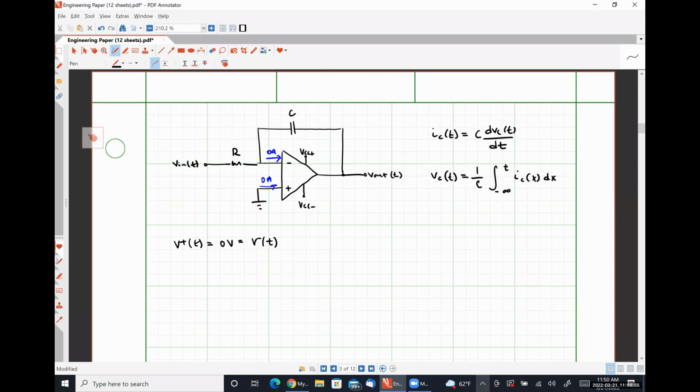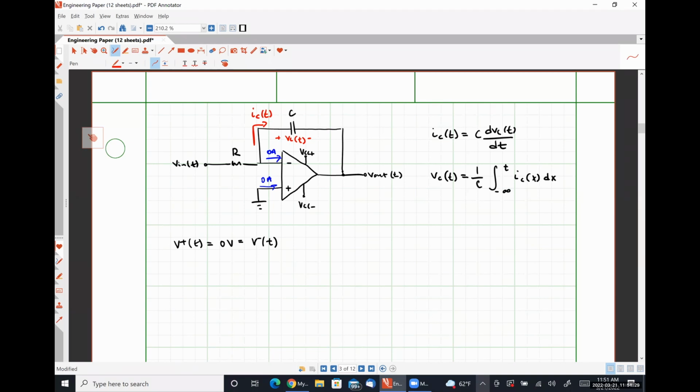Let's define this guy as the voltage drop across my capacitor, and in turn, this guy as the current flowing through my capacitor.